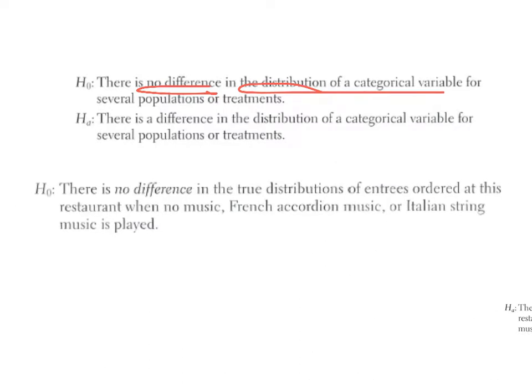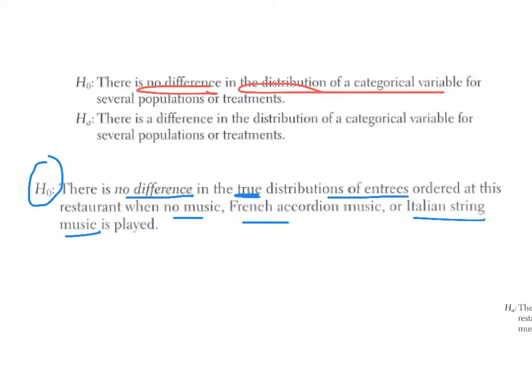So the null hypothesis for this particular situation would be that there is no difference in the true distribution of entrees, because that's my response variable, ordered at this restaurant when no music, French accordion music, or Italian string music is played.